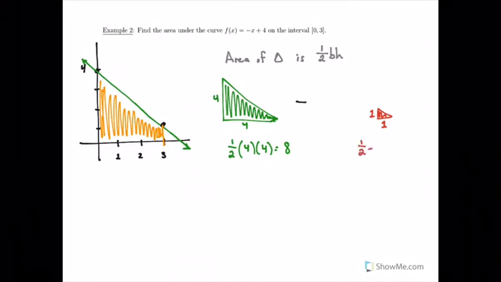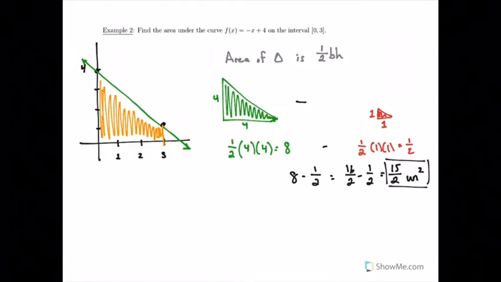So this will be an area of 1/2 times 1 times 1, one half. We are subtracting those values, so we have total an area of 8 minus 1/2, that is 16 halves minus 1/2, or 15 halves. And since we're talking about area, we should talk about units squared here. All right, so to find this area under this function, we are just looking at simple area formulas, in this case the area of a triangle.